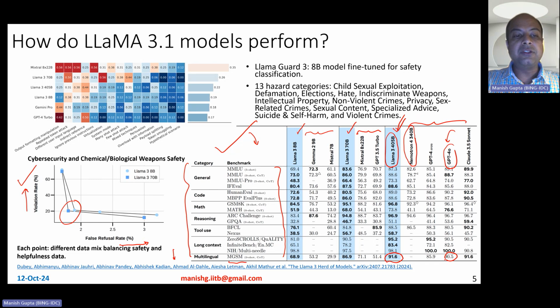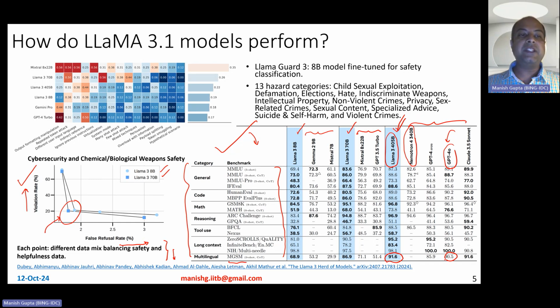You see different values here, and those values correspond to the 8 billion and 70 billion parameter model series. You also see multiple points on those series, and they depend on how the pre-training was done. They try to have a good mix of safety data and helpfulness data during this pre-training, and they found a very good niche point where they have a lower violation rate as well as a lower false refusal rate.